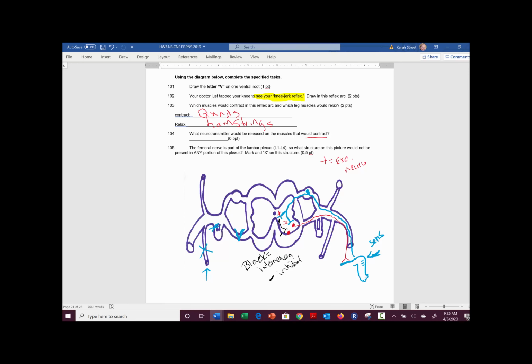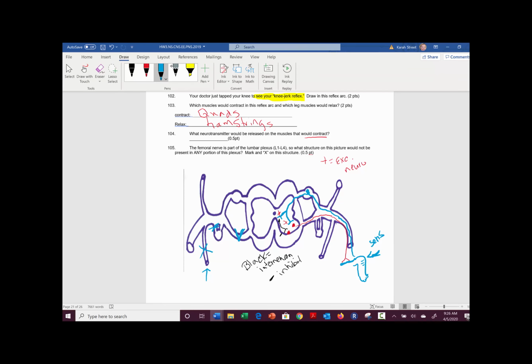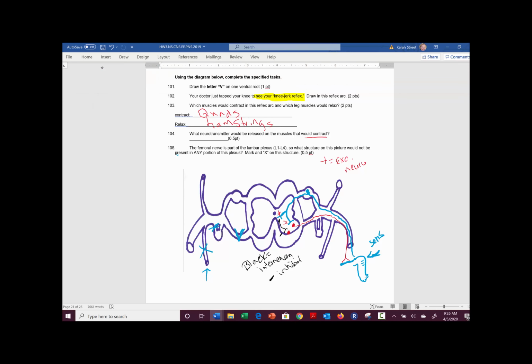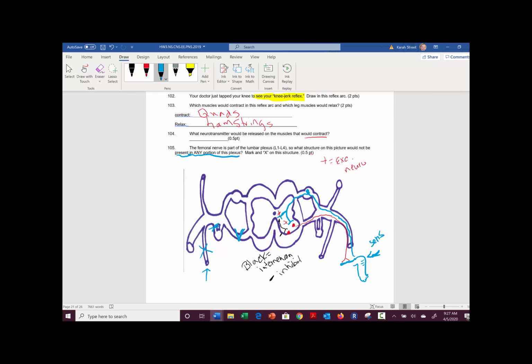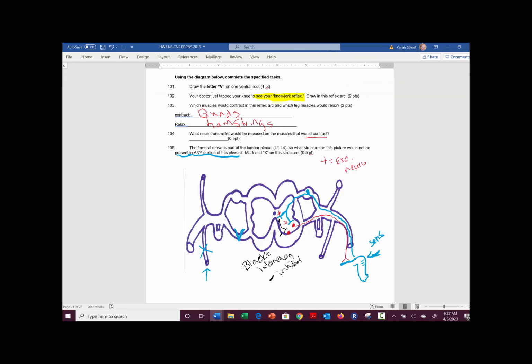So let me reread the question again very carefully, and I'm going to erase something. The question says, not present for any portion. Okay, so then that means, when I read that more carefully now, for at least a portion of it, yes, the white communicating ramus would be there for L1 through L2.